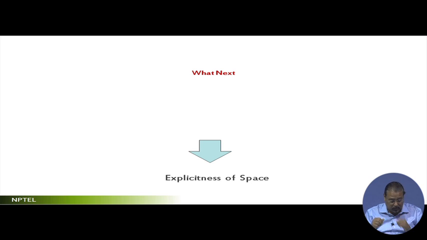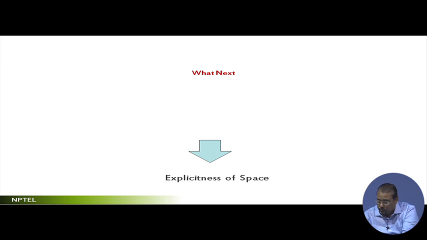No, it is not. It is basically how people are going to react to this particular space. It depends on the scale of the space and how explicit the space is.